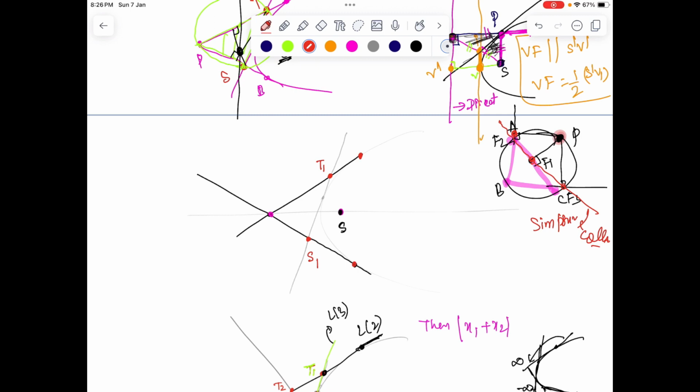So what is the Simpson line? Given a random circle and a random inscribed triangle in it, you take another point on the circumcircle. If you draw the feet of perpendiculars on the sides of the triangle, they will be collinear, and that line is named after a very famous mathematician, Simpson. Now, how are we going to use this property for the parabola?